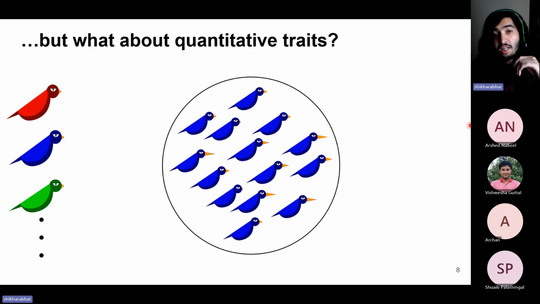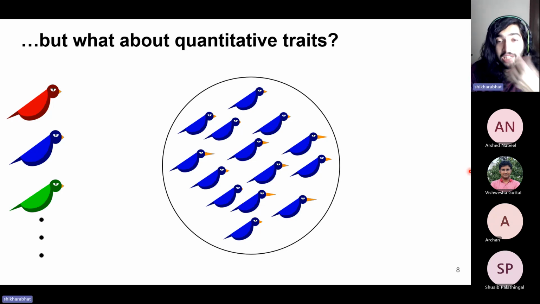And so we can't really list out all the possible values here. That is, we can't find a finite list such that this list has every possible beak length, because a beak length could be 5 centimeters or 5.1 centimeters or 5.01 centimeters or 5.001 centimeters and so on.